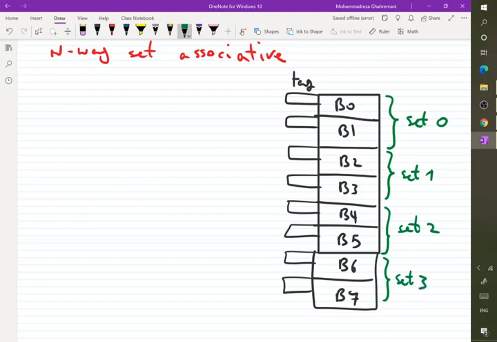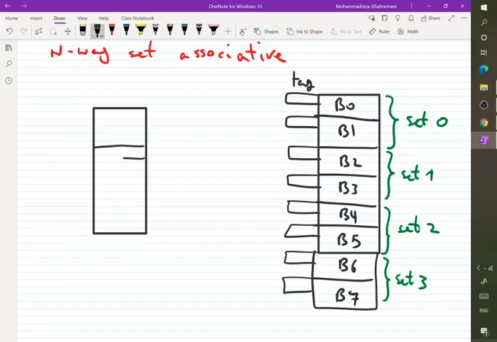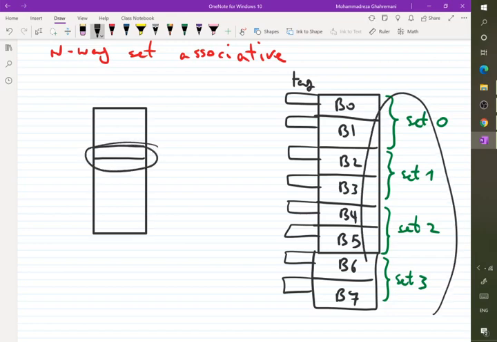Now, when we have a main memory and a specific location of the memory, first we look at this mapping as direct mapping. So we calculate the block number modulo the number of sets, not the number of blocks.